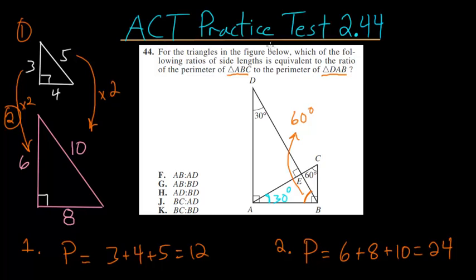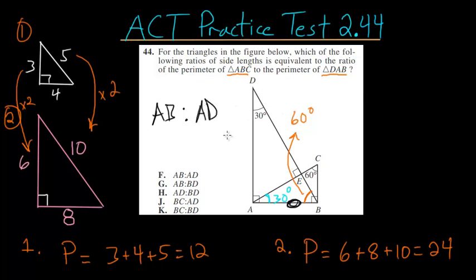So to answer this question, we're looking at the ratio of the perimeter of the small triangle to the big triangle. So if we were to pick, let's say, this side AB here, we can say that the answer would be that side to its bigger side, or its corresponding side, which would be this DA or AD.